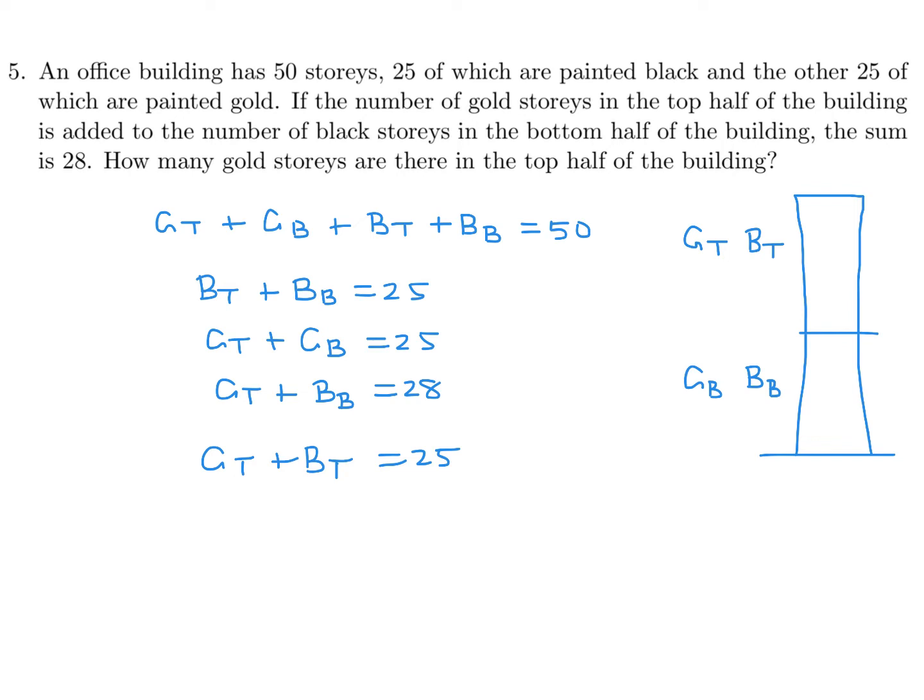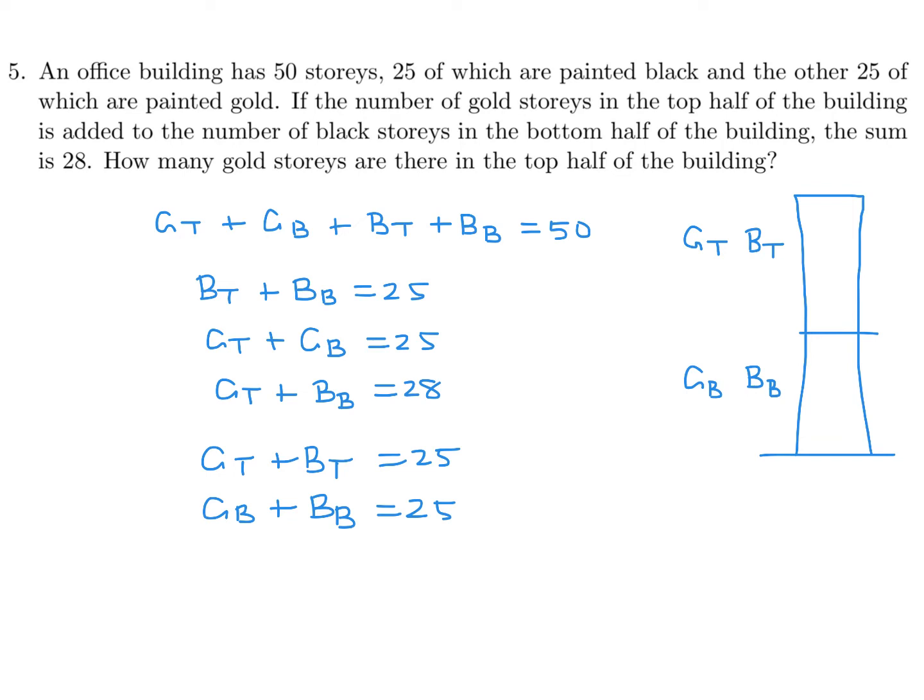Obviously the bottom half is 25 since the total is 50 stories, and therefore GB plus BB is 25. So all of these equations we got entirely based on what's written in the opening stem. I didn't actually do anything so far. I just wrote down what they've told me in equation format.